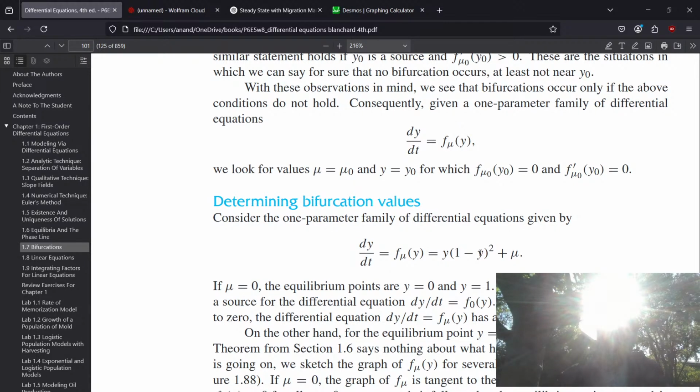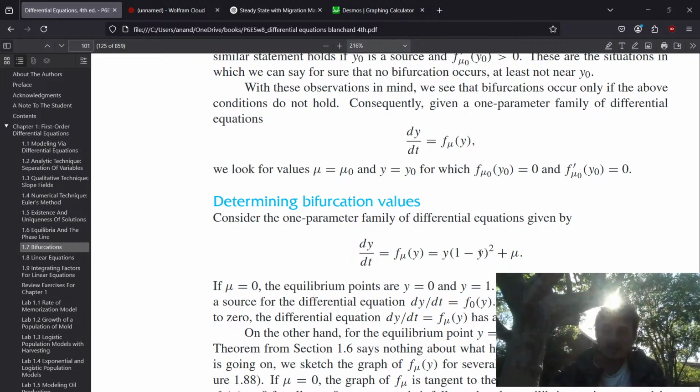Geez, that's actually more than I thought. So it's going to be y times 1 minus y times 1 minus y. So we'll do 1 minus 2y plus y squared times y. So it's actually of degree 3. I thought it was of degree 2. But anyways, the point is y minus 2y squared plus y cubed.